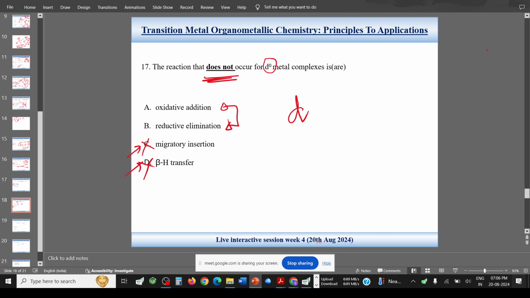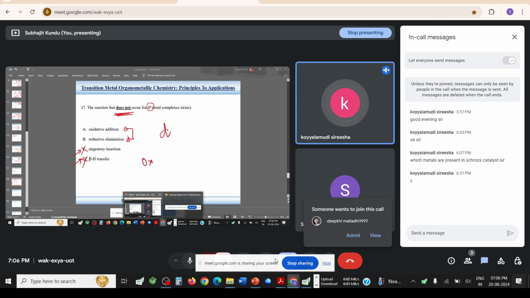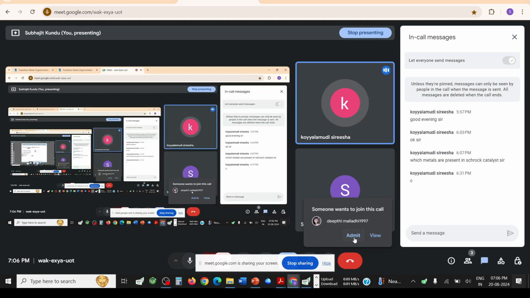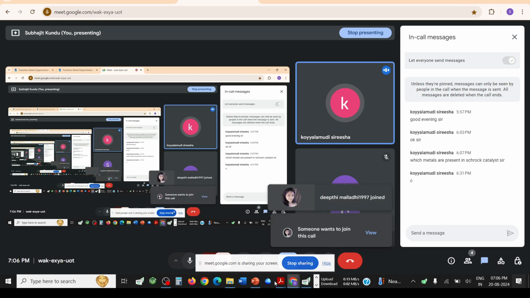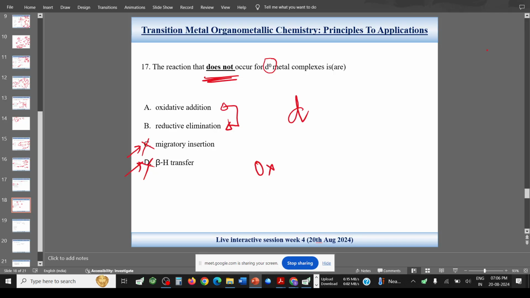So oxidative addition will increase the oxidation state and increase the coordination number also. Like if it is 1, it will be 3, which means it loses 2 electrons, right?